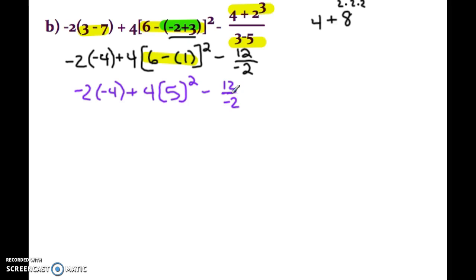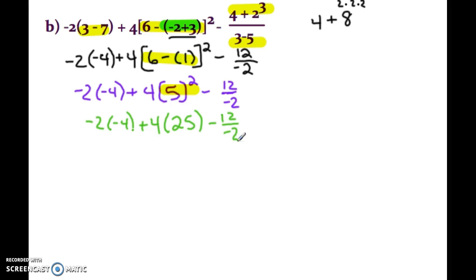I've taken care of all those grouping symbols. I only got one exponent in here, and right now it's important to note that it's 5 being squared. You don't do 4 times 5 first, we do 5 squared first. So 5 squared is 25. And again, I'm bring everything else down.